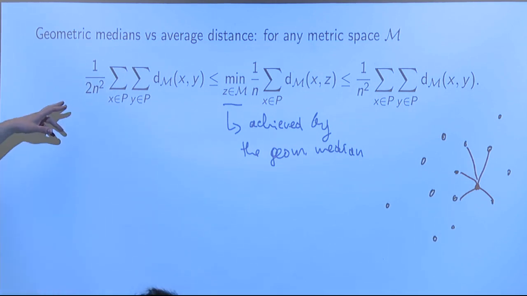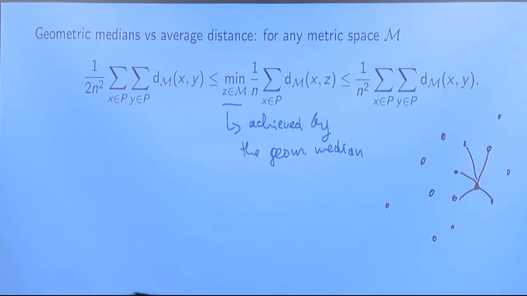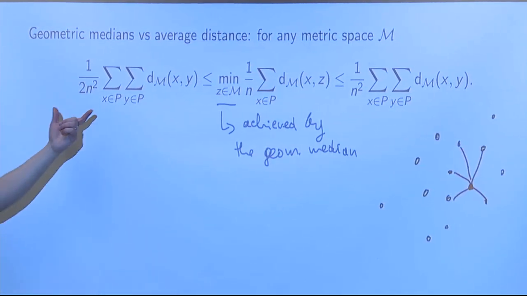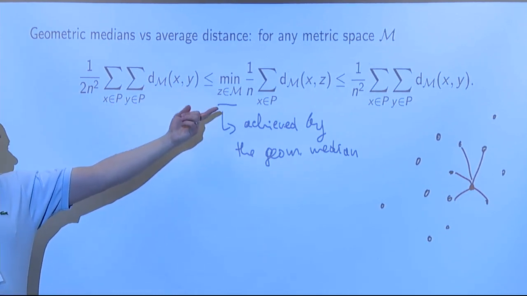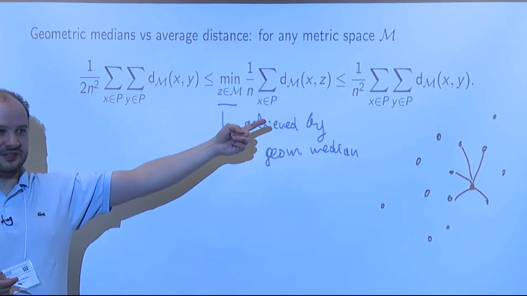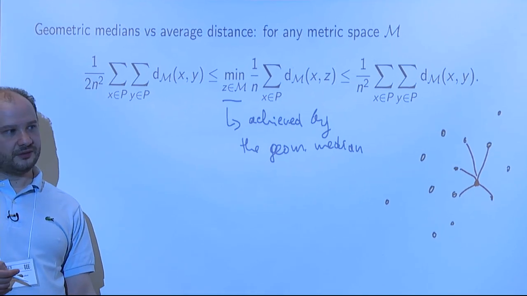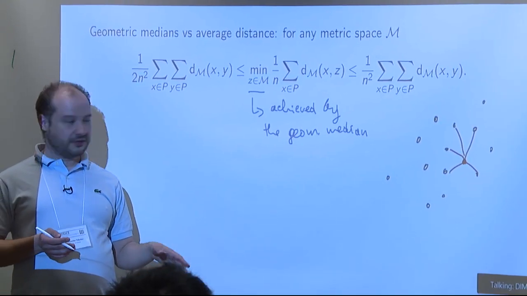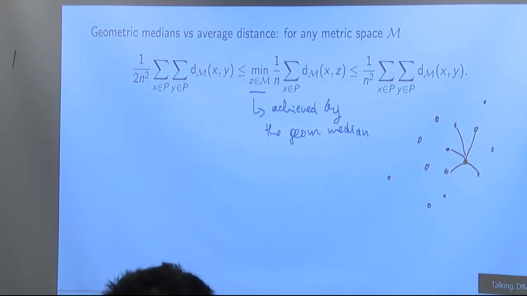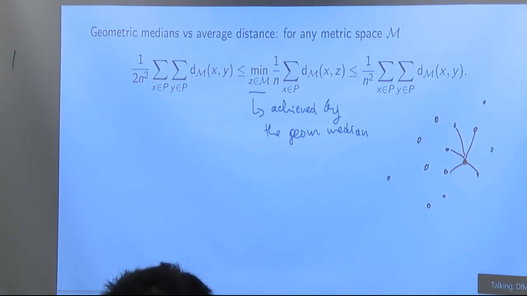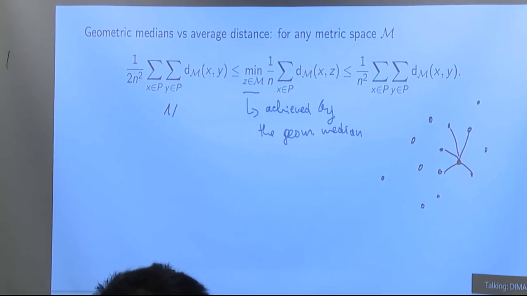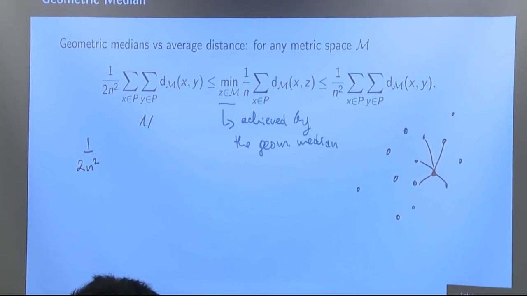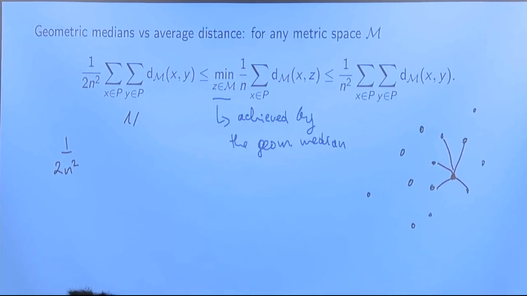The other one, does anyone see why that one holds? This is really saying that this is smaller than the average distance to any point. And that's just because of the triangle inequality, right? So from triangle inequality, you can just say this is at most... Sorry, and here's the size of P, by the way.